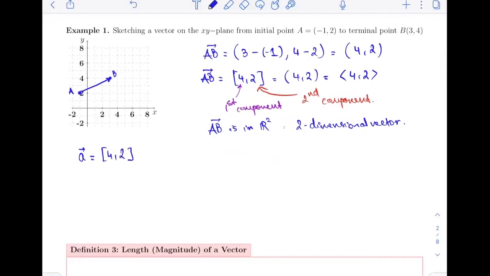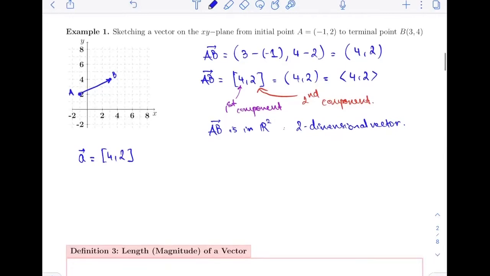Without knowing the initial point and the terminal point, how could we draw this? We start with the origin, and when the vector starts at the origin, this is called the standard position. Because this is at 0, 0, you can draw this vector at the component 4, 2.